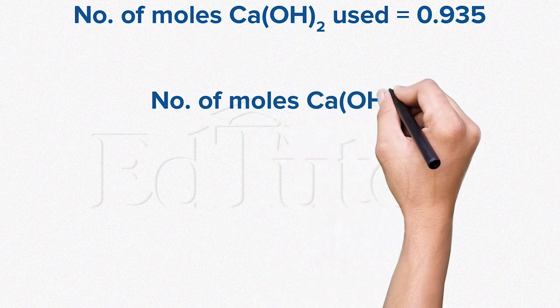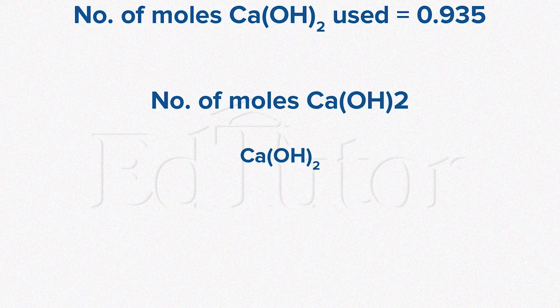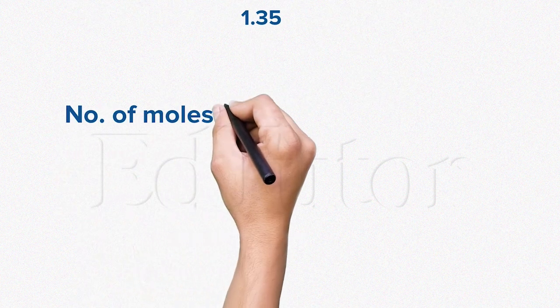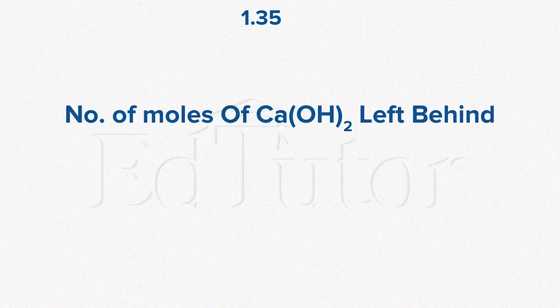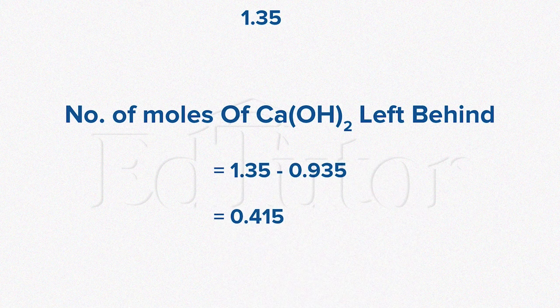If we now connect the dots, in the first part we calculated the number of moles of calcium hydroxide that were taken for this reaction, which was 1.35, right? Out of that, the number of moles that were used in this reaction were 0.935, and we are left behind with 1.35 minus 0.935, which gives us 0.415.